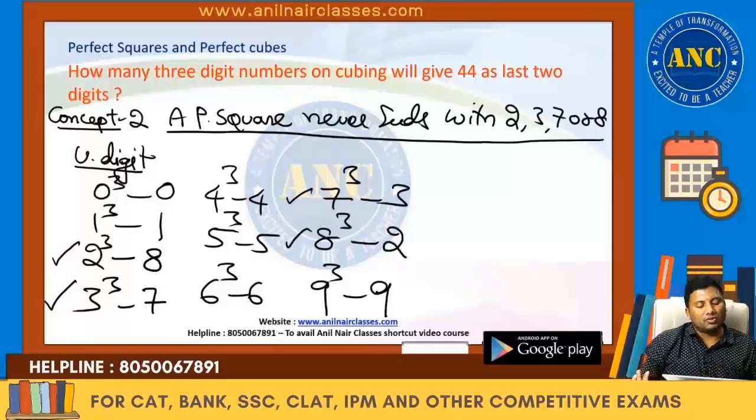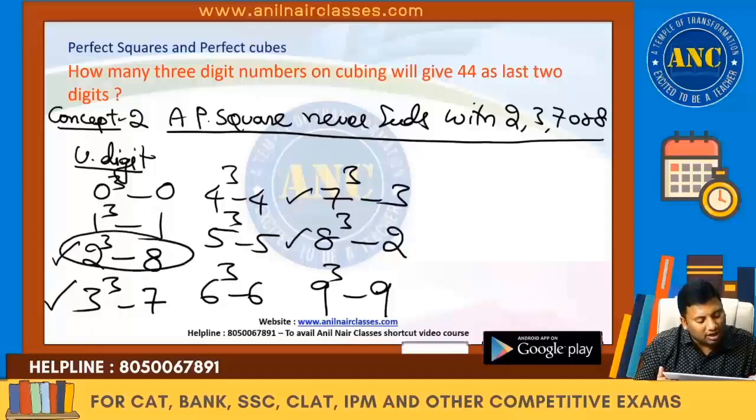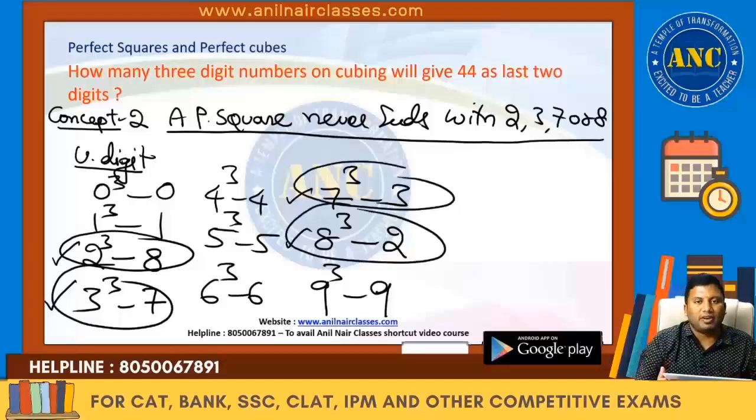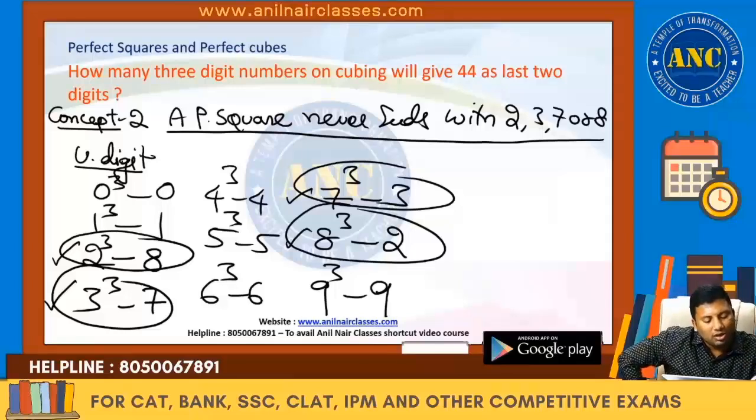Only these 2, 3, 7 or 8 on unit digit, if I cube it, I am getting the unit digit which is the ten's complement of the unit digit.